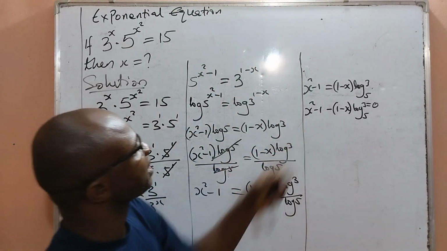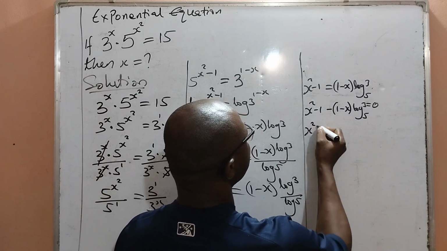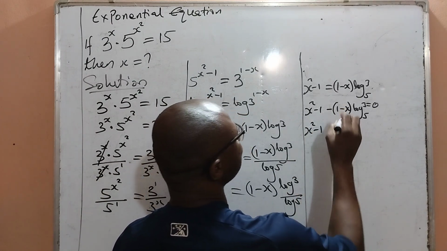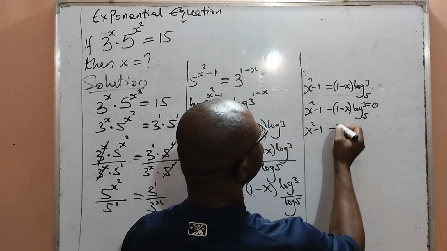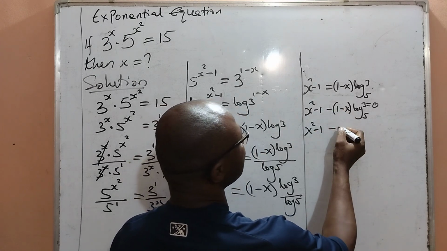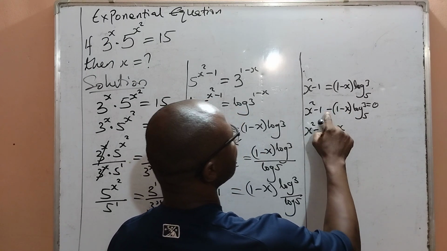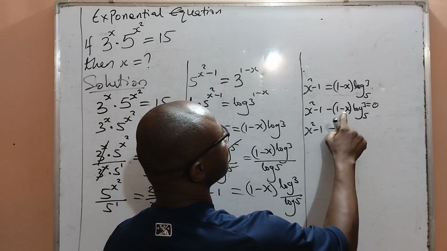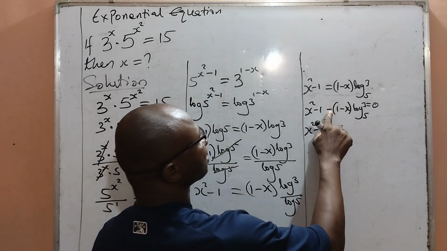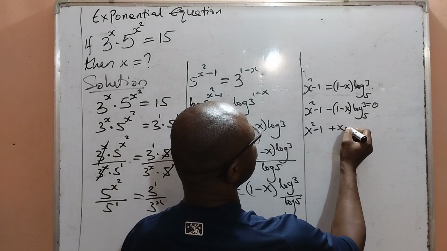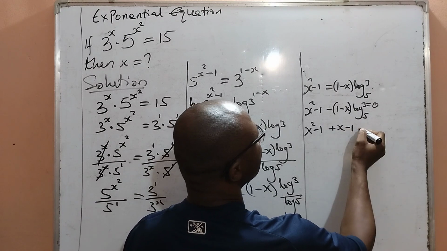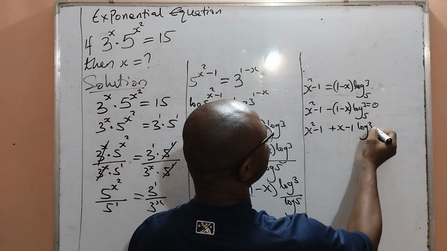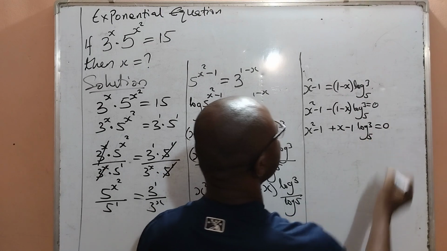When I open this bracket, I will get x raised to the power 2 minus 1. Then opening this bracket, minus times minus x will give me plus x, then minus times 1 will give me minus 1, then the log of 3 base 5 equal to 0.